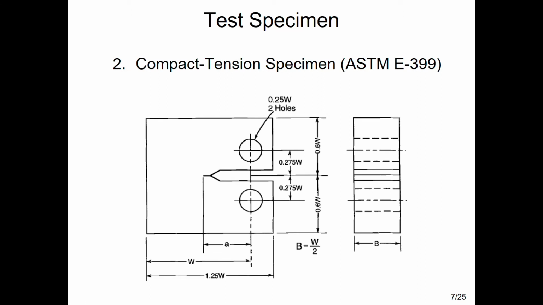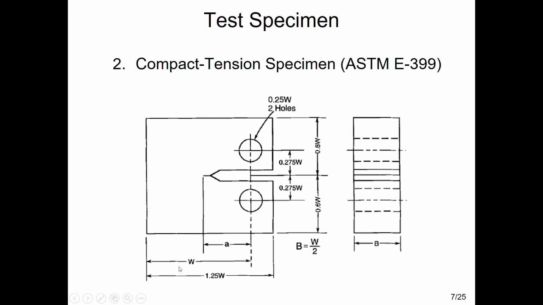Okay, this is the compact tension specimen, ASTM E399. A different type of specimen, but if you look at this, I have 2 holes here, which I can determine by using 0.25 W. So you need to make sure the specimen is according to the standard.